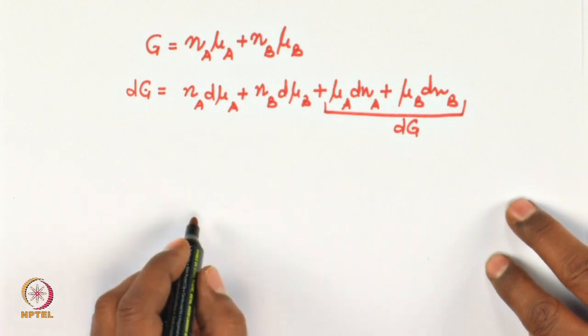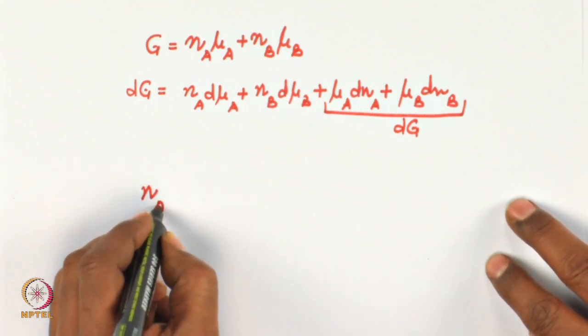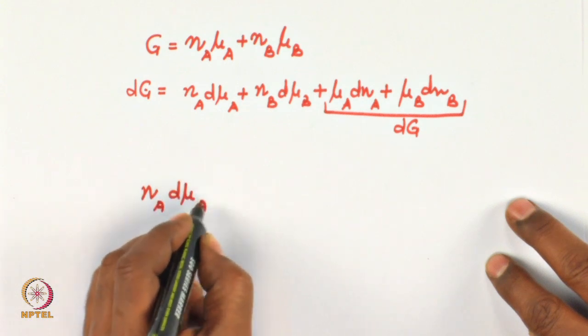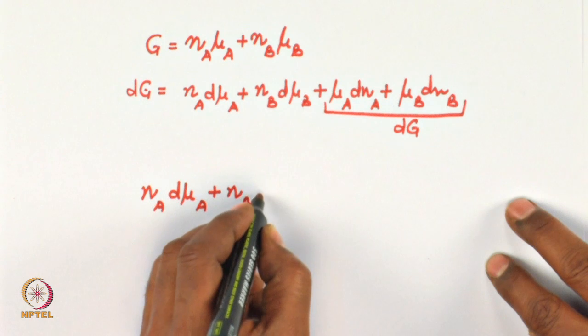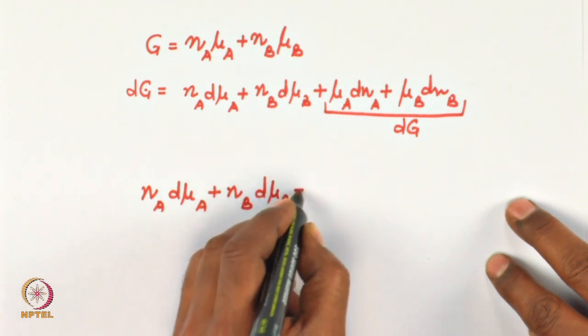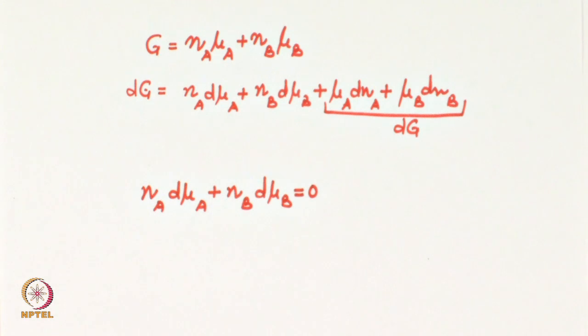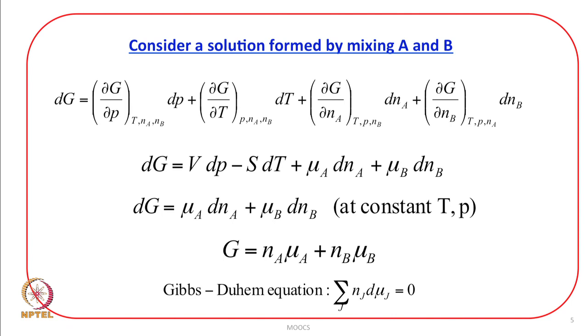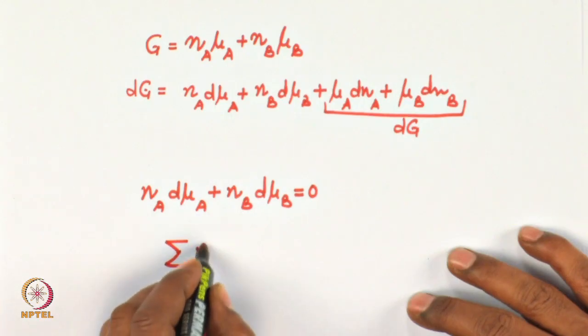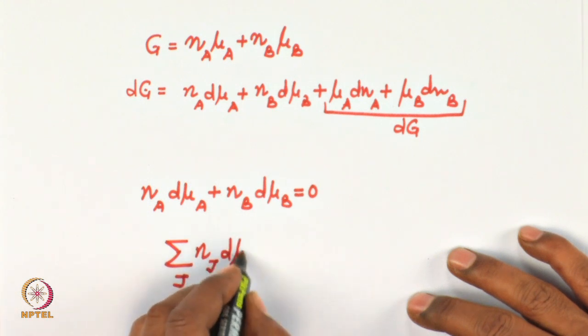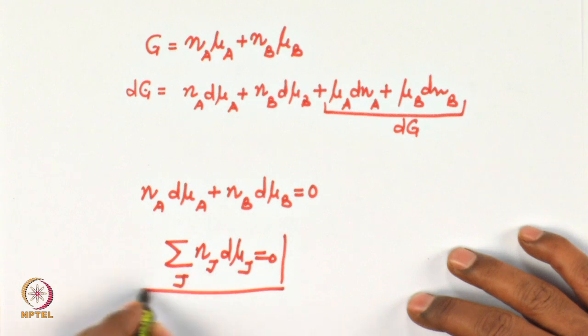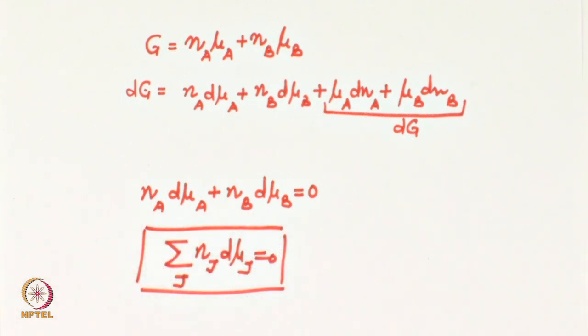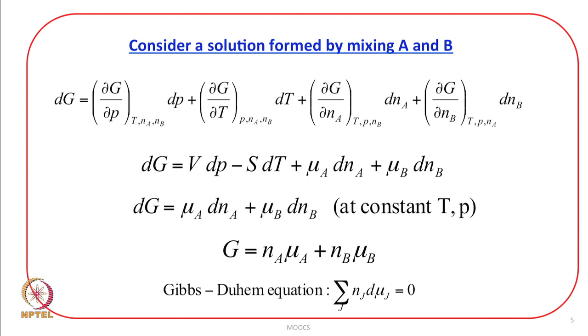This discussion suggests that Na times d mu A plus Nb times d mu B is equal to 0. In a more generalized form, we can write this as summation j Nj d mu j is equal to 0, and that is what we call the Gibbs-Duhem equation.